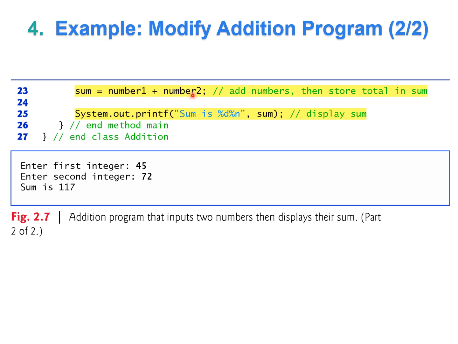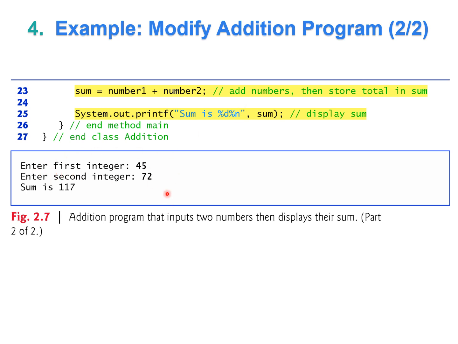After we get the values for number1 and number2 from the user, we can calculate the sum by setting it equal to the sum of number1 and number2, and then print out the value of sum in a formatted string as in the Addition0 program.